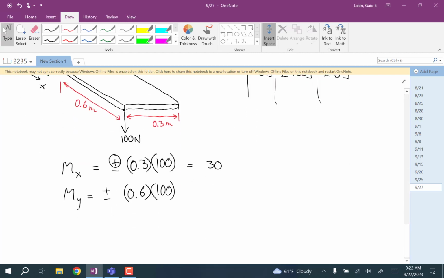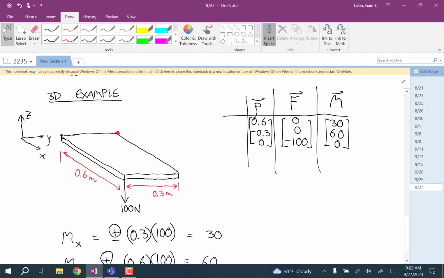Positive. And that's 60. And then for z, plus or minus, what's the moment arm that this force produces about the z-axis? 0.